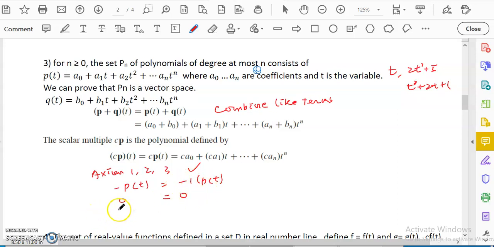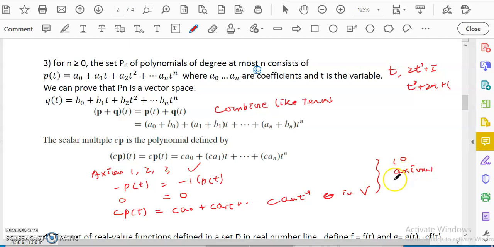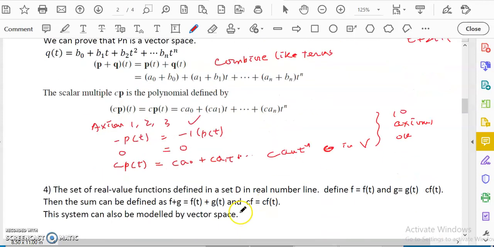And finally, scalar multiplication, C p of t, is defined as multiplying each of the coefficients by C, so it is also in the vector space. So all 10 axioms are satisfied, and we can say that it forms a vector space.